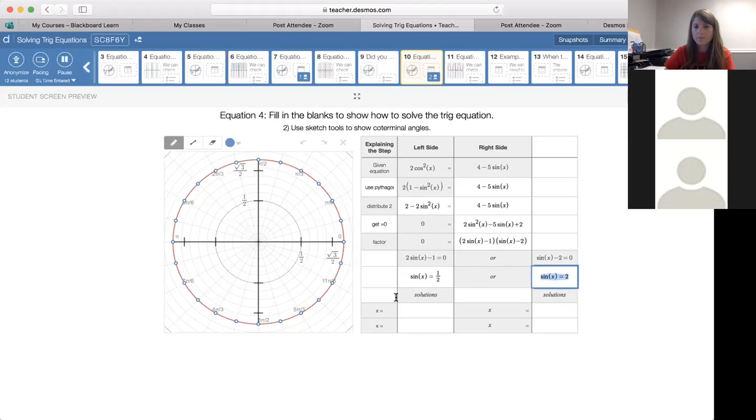Let's look at our other side. If we looked at sine of x equals 1/2, that should be our pi over 6 angle. Oh, no. Yes, sorry, my brain is looking at a different problem here. So if we're looking where sine of x equals 1/2, that should be our pi over 6. So if we think about pi over 6, our cosine is bigger, our sine is smaller.